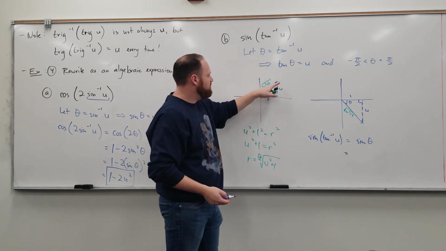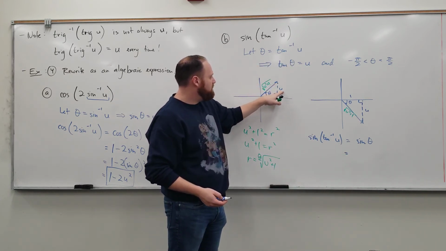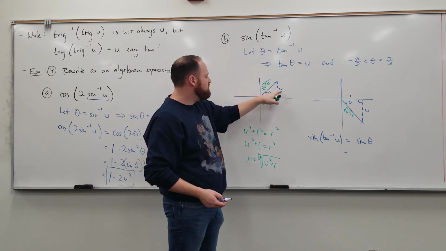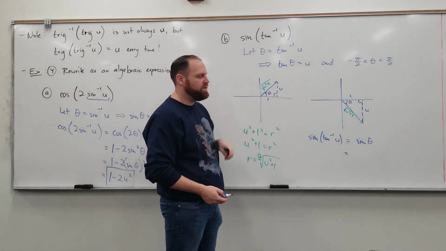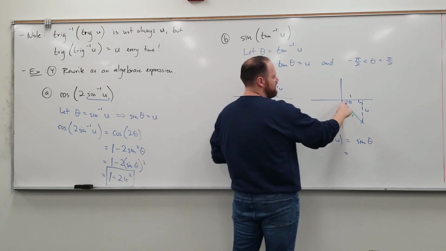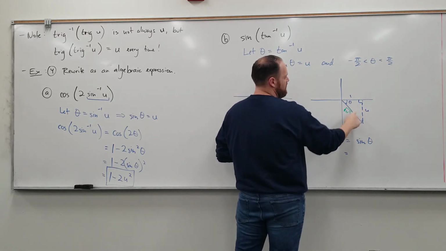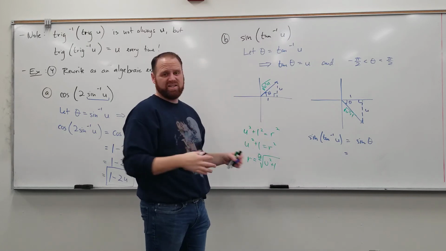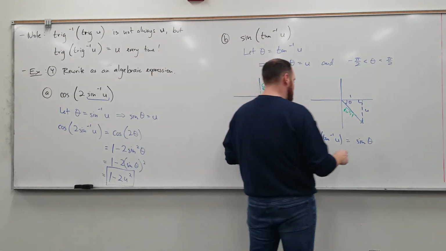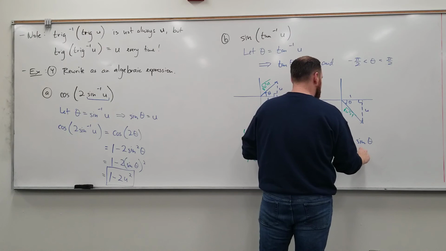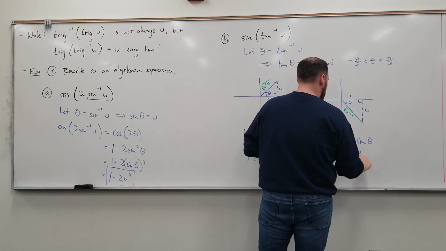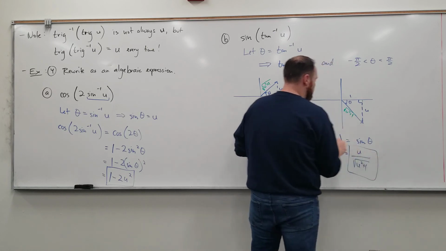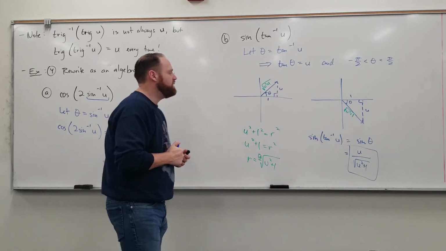If we're in quadrant 1, sine theta would be opposite over hypotenuse, u over square root of u squared plus 1. If we're in quadrant 4, sine theta would be opposite over hypotenuse, u over square root of u squared plus 1. So regardless, it doesn't matter, right? Regardless of the quadrant that we're in, sine theta is going to be u over square root of u squared plus 1. And there it is as an algebraic expression.